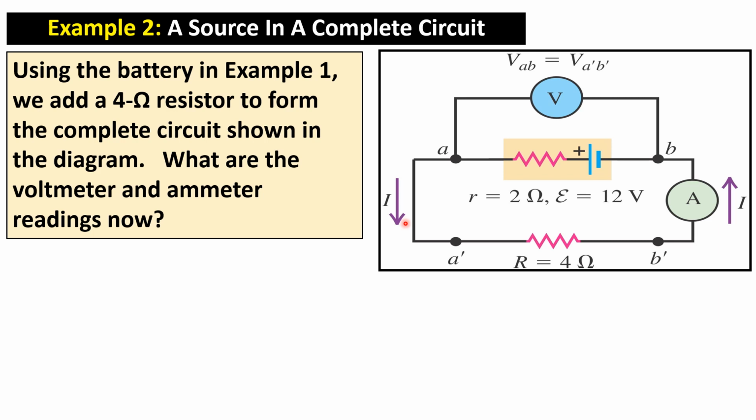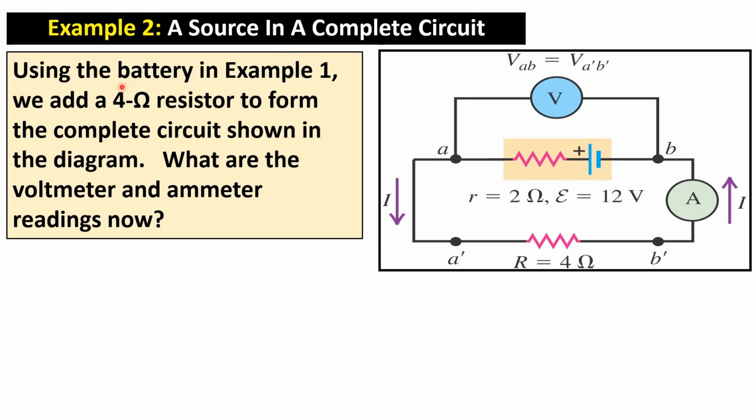Our example number 2 is about a source in a complete circuit. Earlier, we talked about an open circuit. Now, let's look at the same source, the same battery that we analyzed in example number 1, but this time there is a complete circuit.